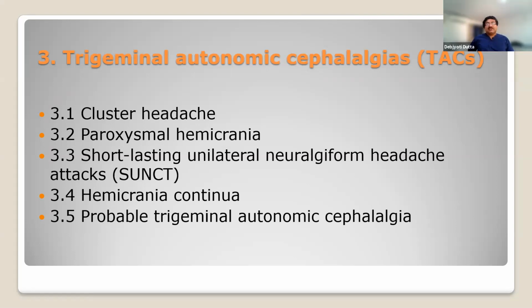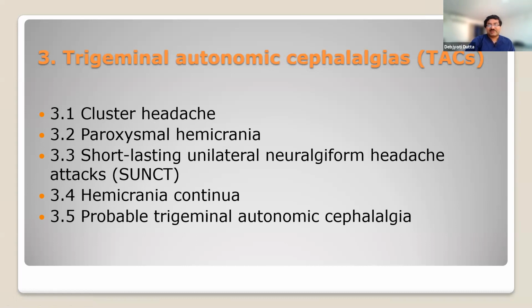Now coming to the third group, as I have told, they share a common basic point. That means they are associated with unilateral autonomic symptoms. That means either there will be lacrimation, or redness, or congestion, or nasal stiffness to one side of the face. That is quite common. Among those, the commonest group is the cluster headache, which is more common in males.